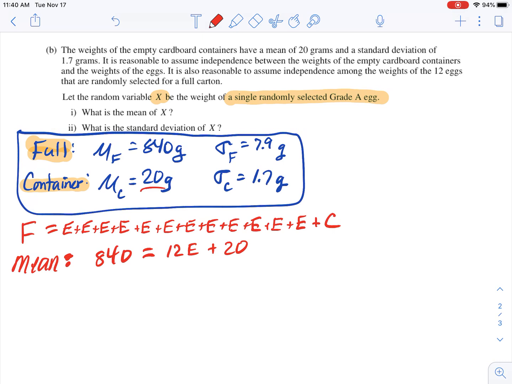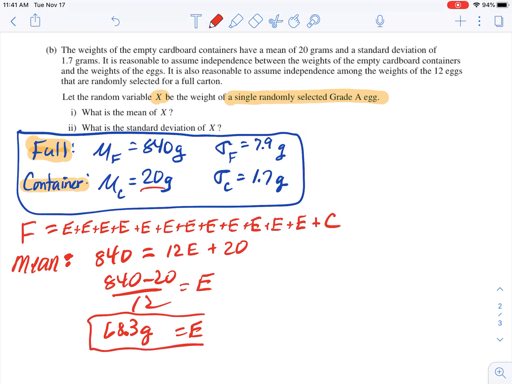Here's where we can use a little bit of algebra. We set up a very simple equation: 840 equals 12 eggs plus a carton. Now we subtract 20 from both sides and divide by 12, and that'll give us 1 egg average weight. On a calculator, 820 divided by 12 is about 68 1/3, 68.3 grams. So that would be our average egg weight.